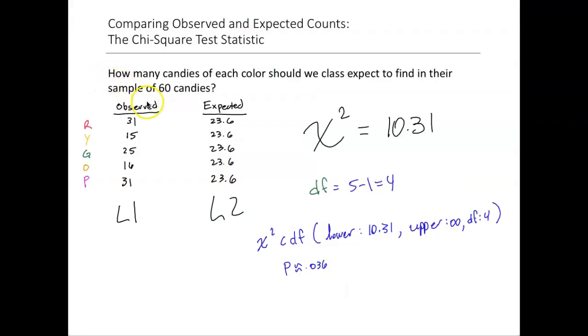So what are we going to conclude here? So I'll say at the alpha equals 0.05 level, do we reject or fail to reject? Wow, we reject H null in favor of HA.